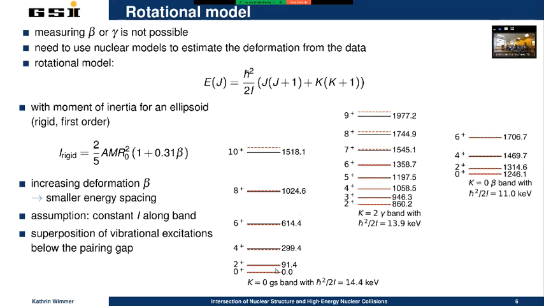Why is one called a gamma band and the beta band? What is the origin of that one? Okay, so these are vibrational excitations on top of the deformed thing. So it is the vibrating of an axially deformed thing, like a football which vibrates, which gives rise to the beta vibrational band, and gamma is vibrations in the gamma degree of freedom.